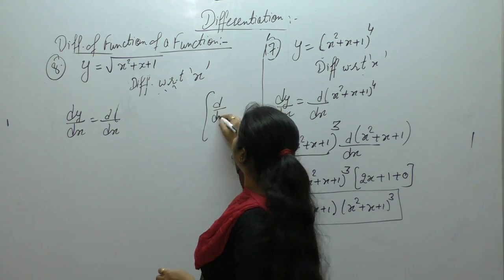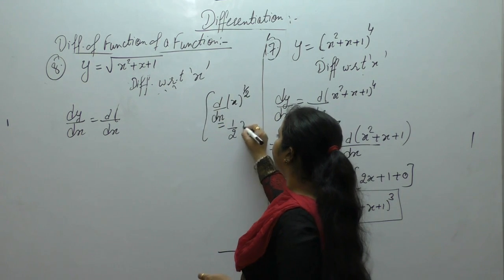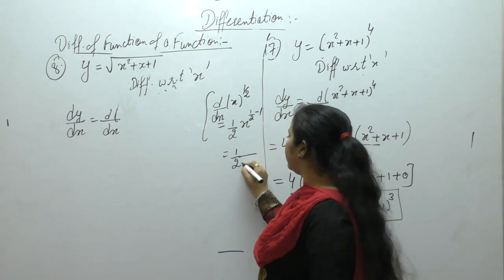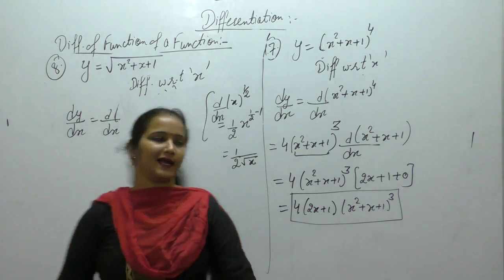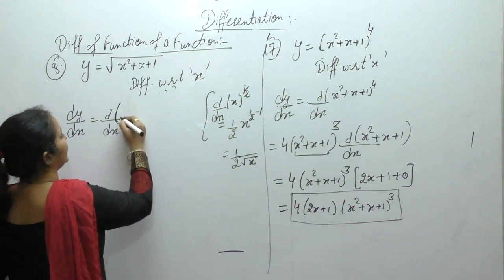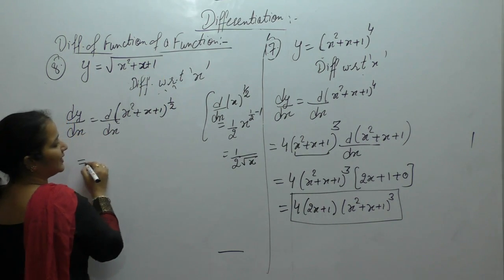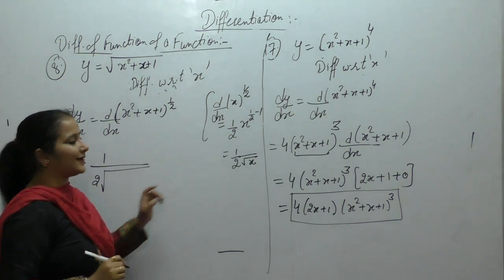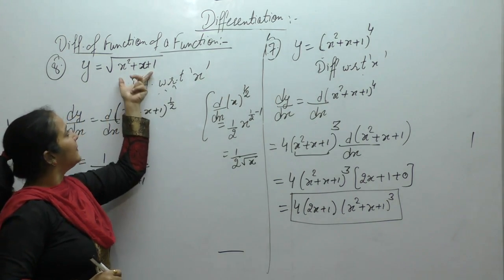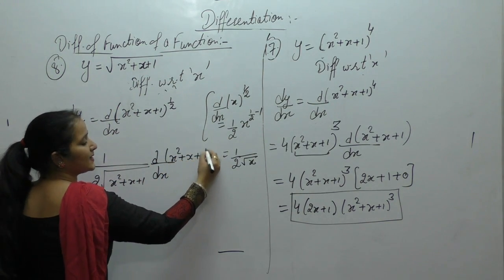Now we can write this as power 1 by 2. We have to take the derivative of this term also, x square plus x plus 1.